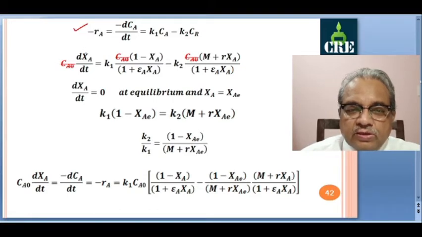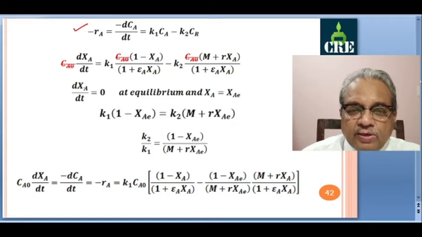This can be written as Ca0 dxa by dt equals K1 Ca0 into (1 minus xa) by (1 plus epsilon A xa) minus K2 into Cr, where Cr is Ca0 into (M plus R xa) by (1 plus epsilon A xa). This Ca0 is there in all three terms, that cancels out.